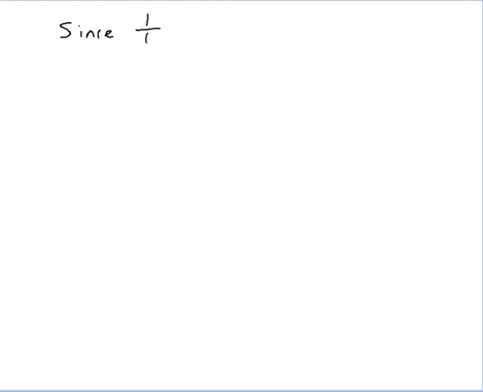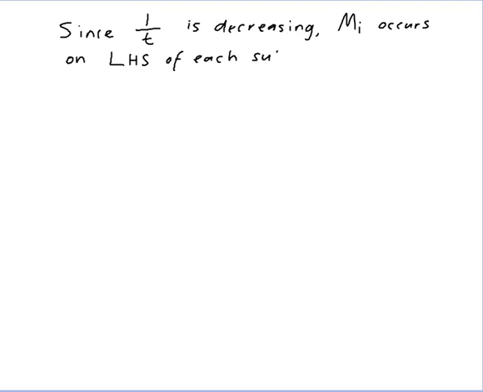Since 1 on t is decreasing, Mi occurs on the left hand side of each subinterval. So therefore it would be 1 over that left hand endpoint.